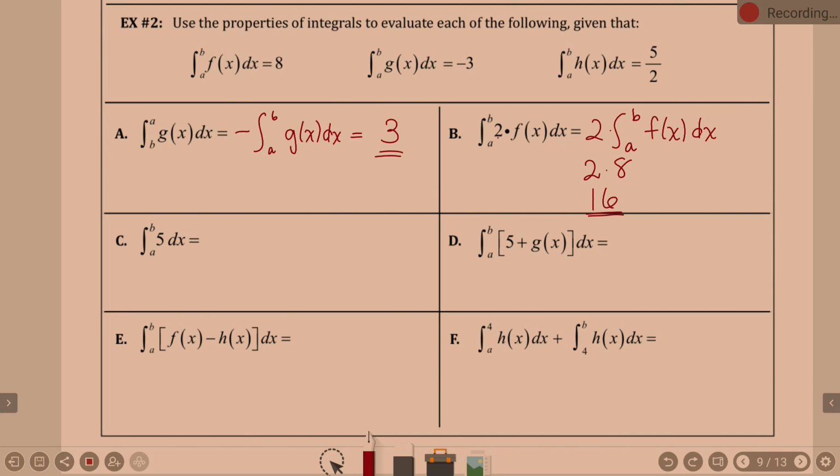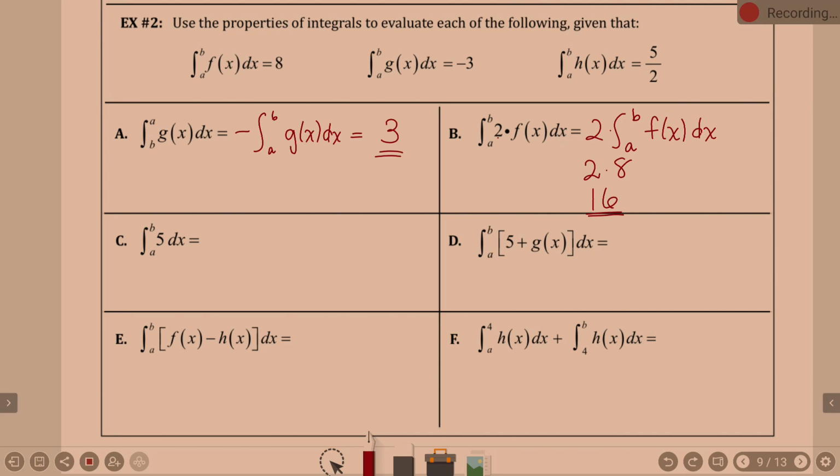Okay, c. The integral from a to b of 5 dx. That's 0? Huh? That'd be 0. No. 5. There's a rule up above. This is the integral of a constant. K in the parentheses b minus a.